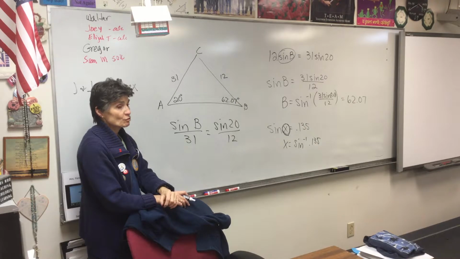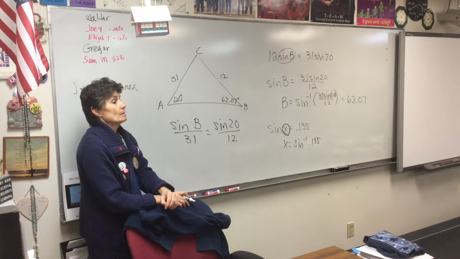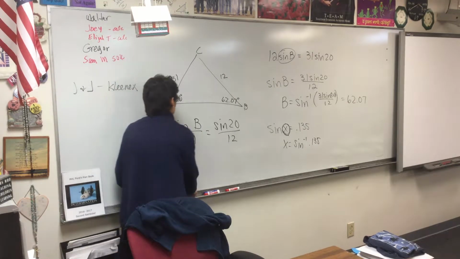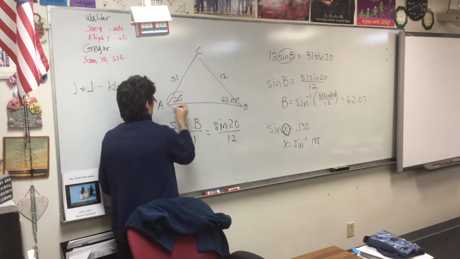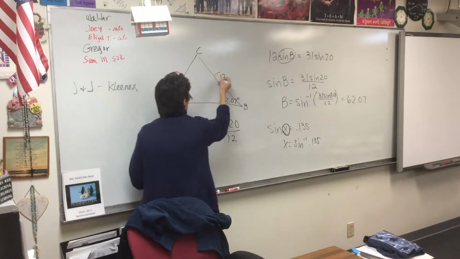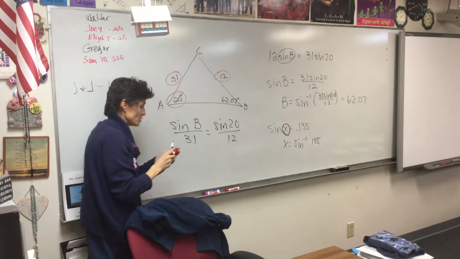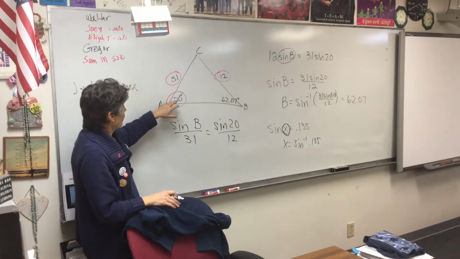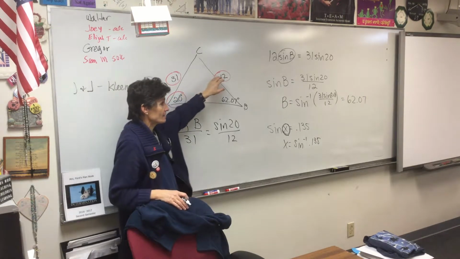Now, here's where the tricky part comes. You didn't notice it, but this given information, which was this and this and this, that was the given information. Back in geometry, that was called angle side side.